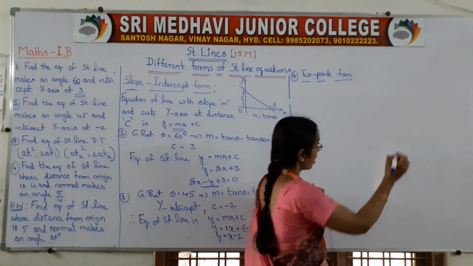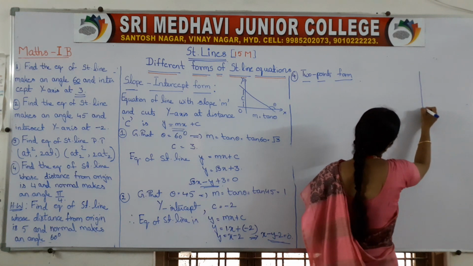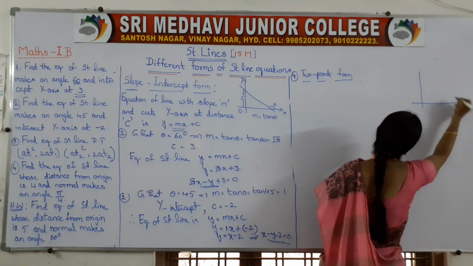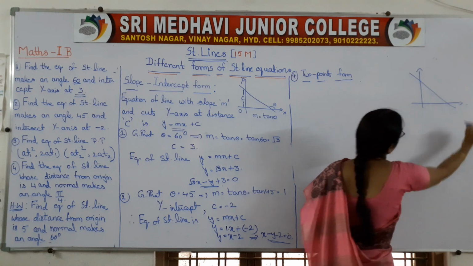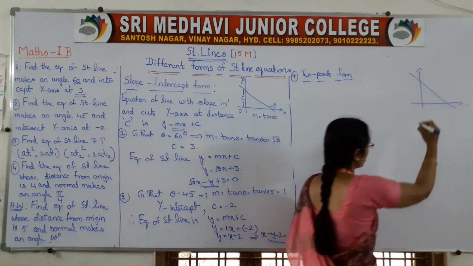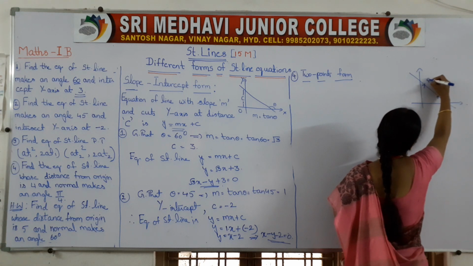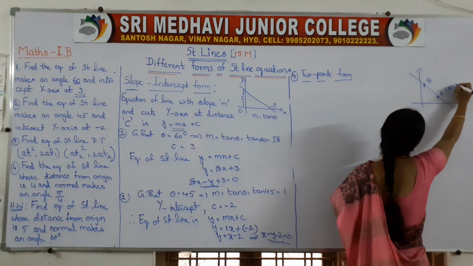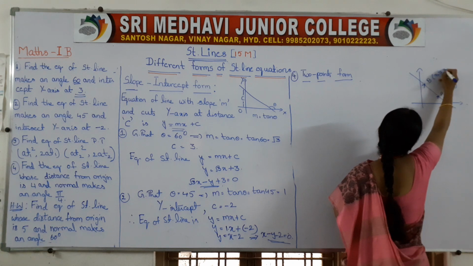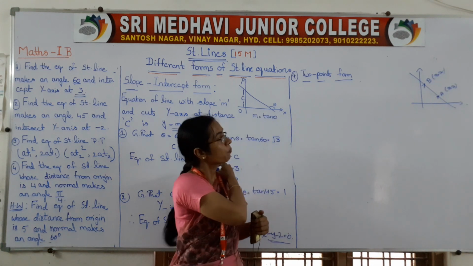What is this 2 point form? When we have to use this 2 points form means, suppose the line passes through 2 points. This is your A, this is your B. A point x1, y1, B point x2, y2.